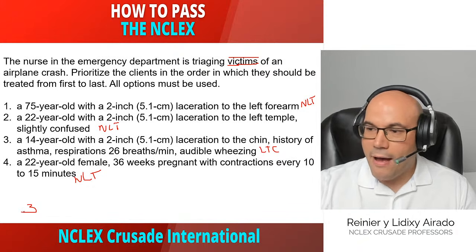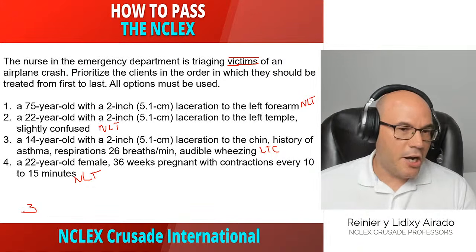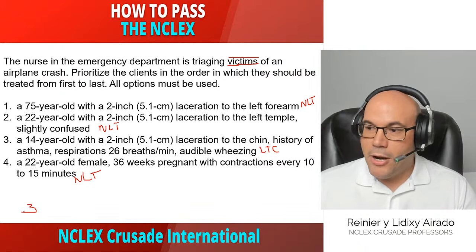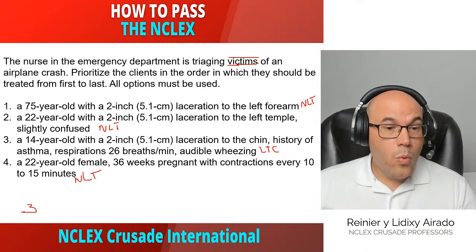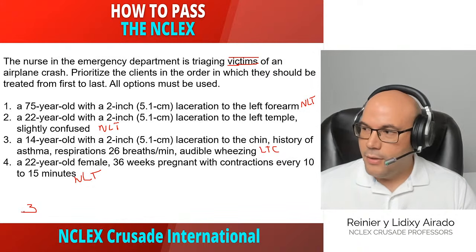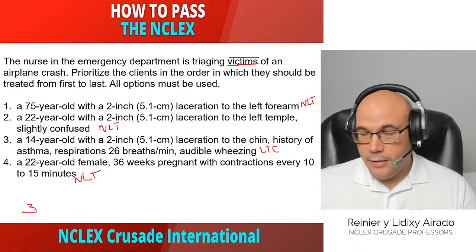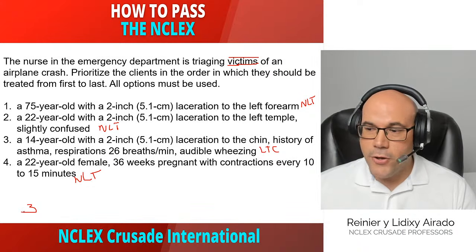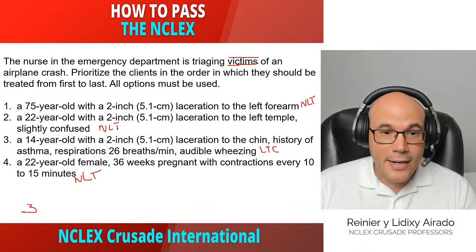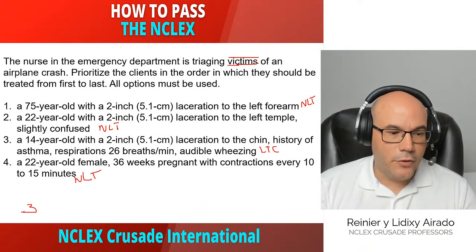Now, I have 3 answers that I determined are non-life-threatening. But out of the 3, which one needs priority care? The laceration to the forearm, the left temple slightly confused, or the pregnant female with contractions every 10 to 15 minutes.